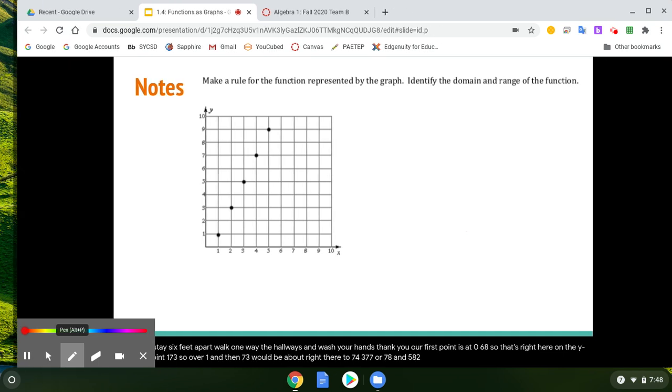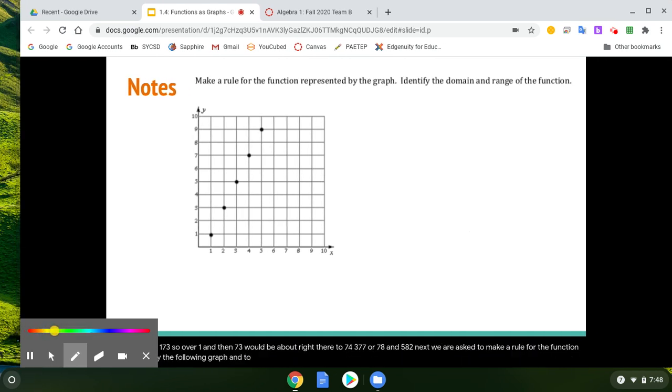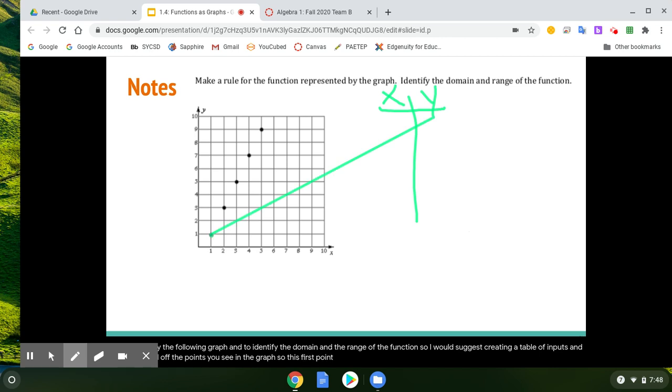Next, we are asked to make a rule for the function represented by the following graph and to identify the domain and the range of the function. So I would suggest creating a table of inputs and outputs based off the points you see in the graph. So this first point would be 1, 1.